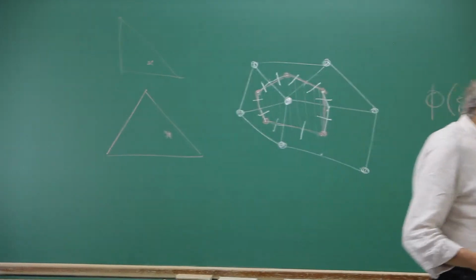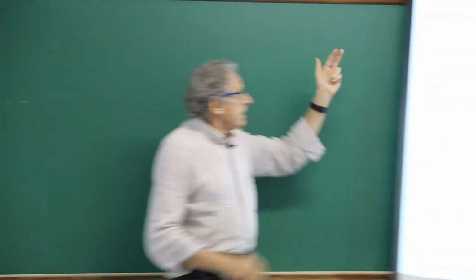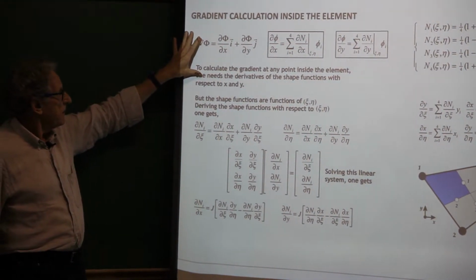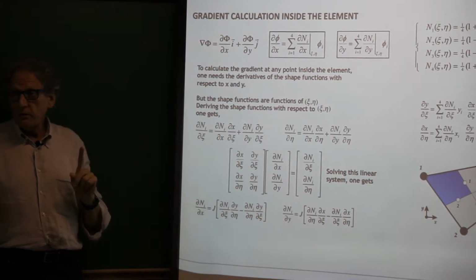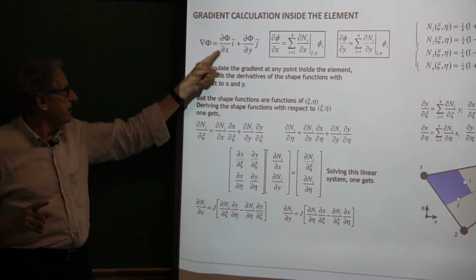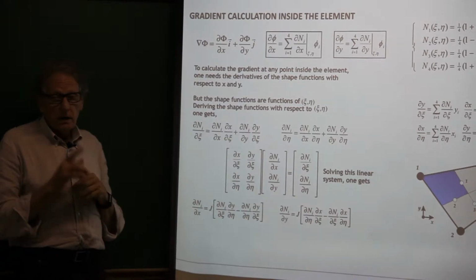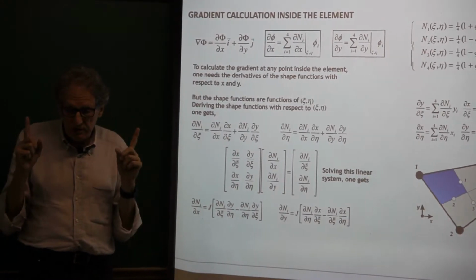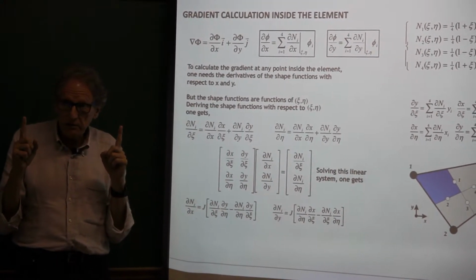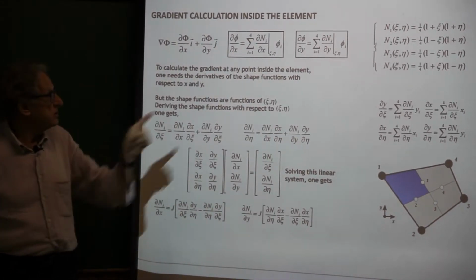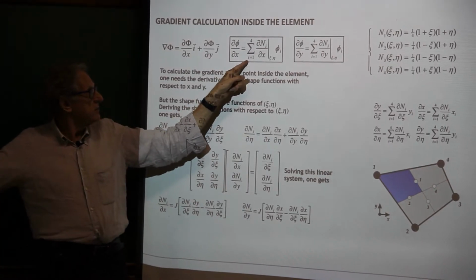Gradient calculation inside the element. What is a gradient? d phi dx i, d phi dy j. How do I represent the derivatives of phi related to x using the shape functions? This way. It's the same.